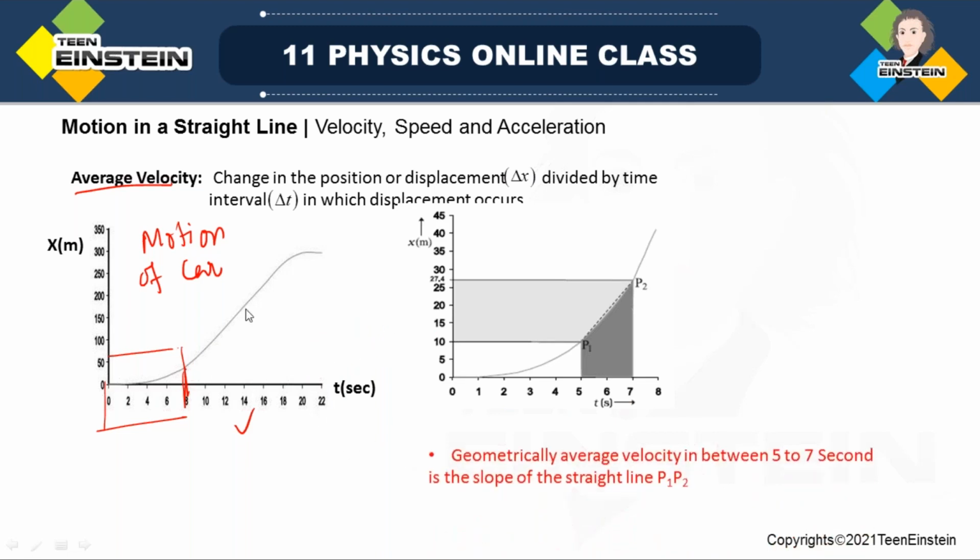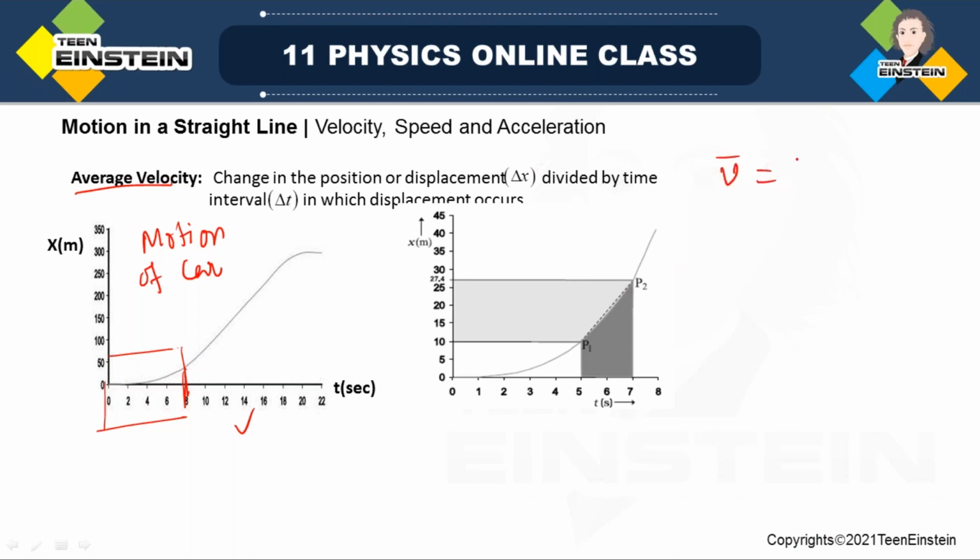Now we'll see how to define average velocity geometrically, according to our expression v average equals x2 minus x1 divided by t2 minus t1. Let us find the average velocity for the car in the 2 second time interval between the 5th and 7th second.